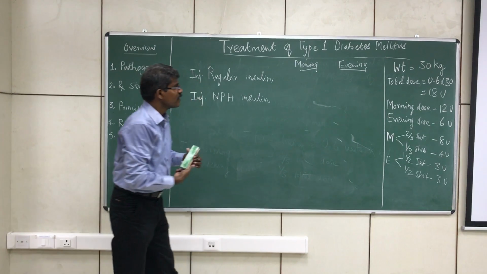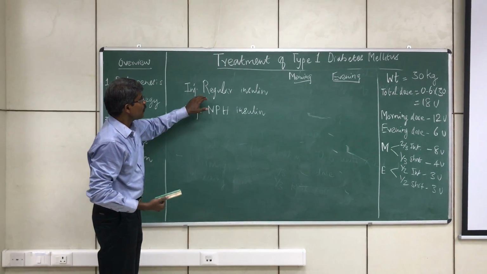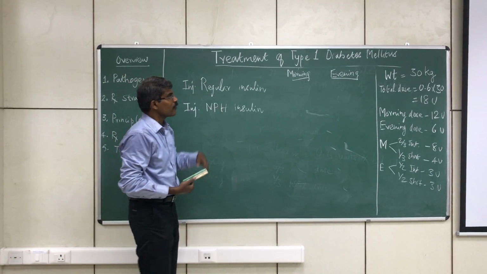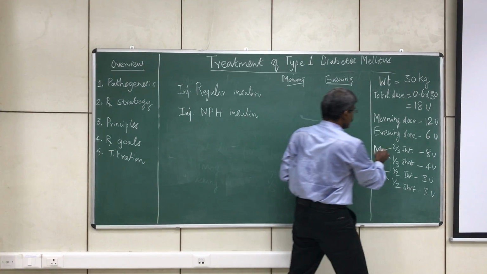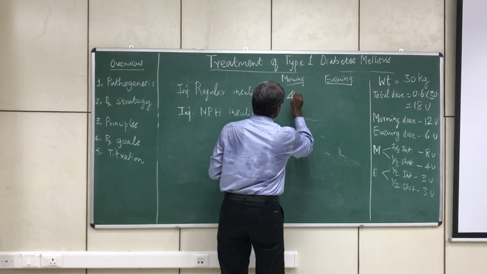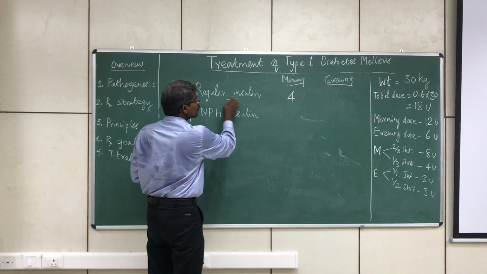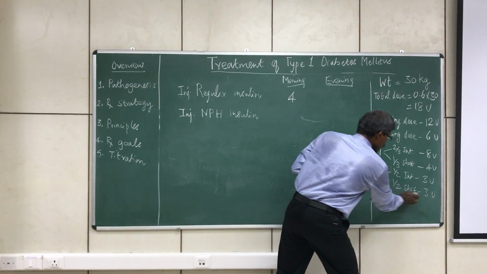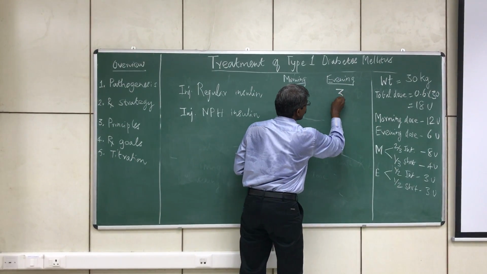Now let's see how we are going to give for this boy. So short acting insulin, regular insulin, morning, how much we need to give? So morning dose short acting is 4 units, right? And short acting insulin evening is 3 units.